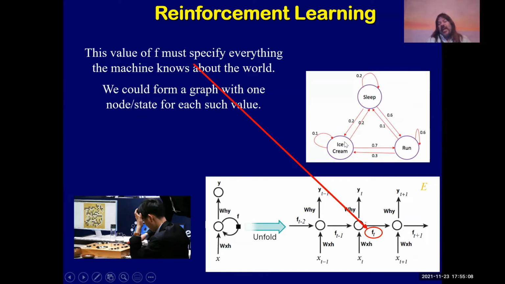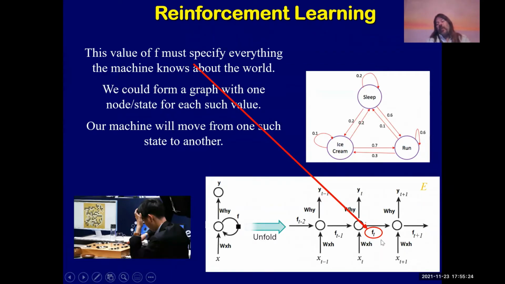I'm in this state, then this state, then this state. That's told by the values coming out of here. Maybe I'm in some state here where I'm eating ice cream, and some input comes in, and then I'm over here sleeping, and then something happens, and now I'm in another state, running. So you're moving from state to state, and that's what we're trying to learn: how to move from state to state.